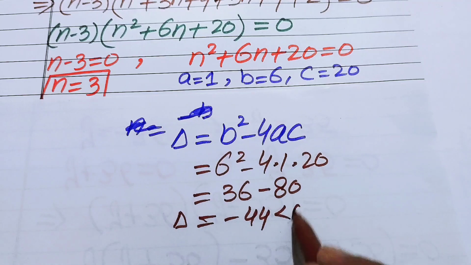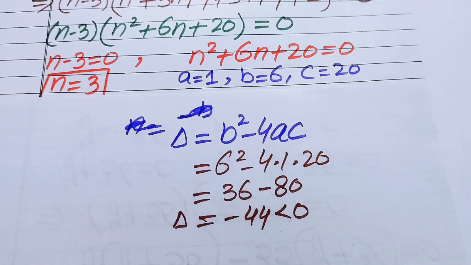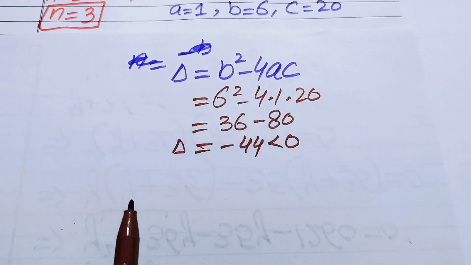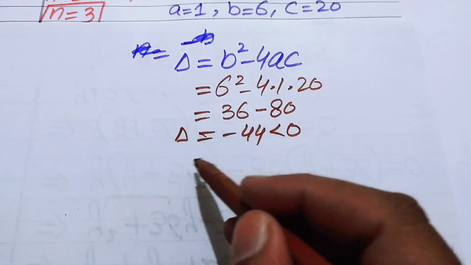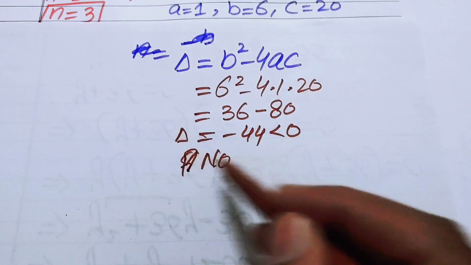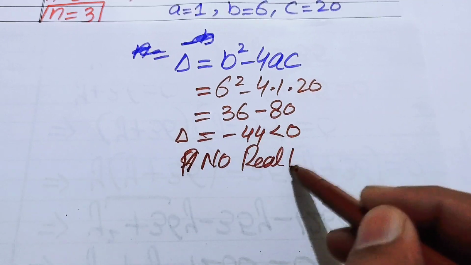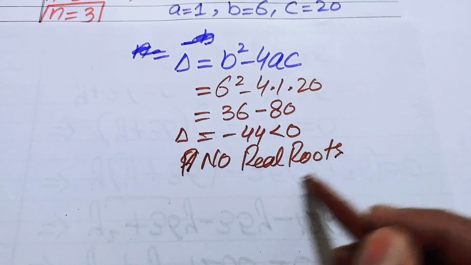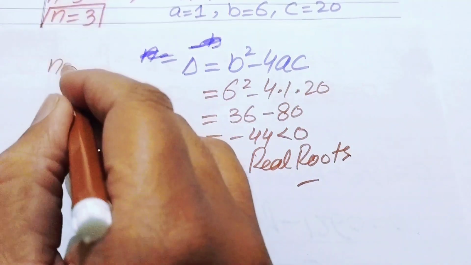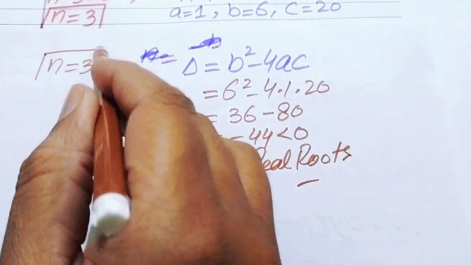So you see here our delta is less than 0, then we can say that the quadratic equation has complex roots, or we can say that it has no real root, so we will just reject this case, and we have only the root of the given question is n equals to 3.